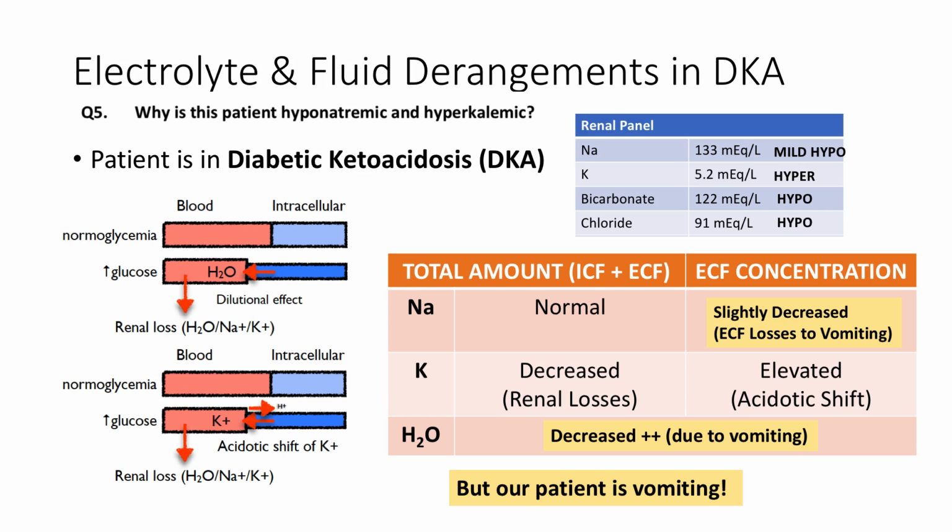But if I look at the total potassium count, the true potassium level is actually low because potassium was being lost, because they were peeing it out. When you pee out a lot of things, all the solutes get dragged along with it also. So I have renal potassium losses, but on my electrolyte panel, my potassium appeared borderline high because of the acidotic shift.